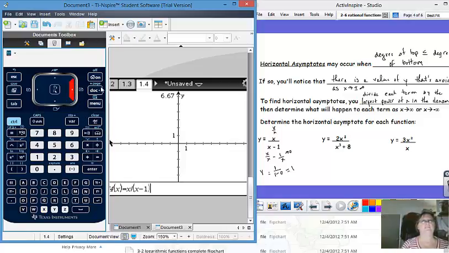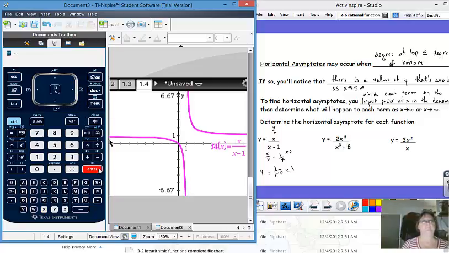All right, let's take a look at this one. We said it would have, well, it does have a vertical asymptote, by the way, at x equals 1, and you can see that here. But what we just found was the equation for this y asymptote. See how it slides along that line y equals 1? It tries to get there, it just can't do it. So this one has a vertical asymptote at x equals 1, but it also has a horizontal asymptote at the line y equals 1.